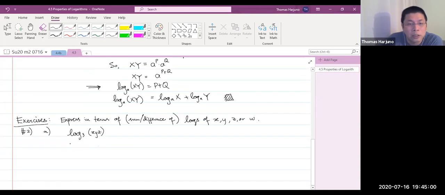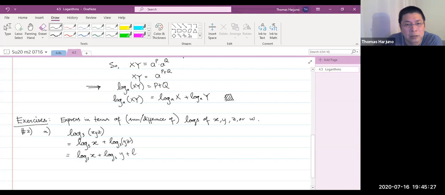Now, this is equal to log base 3 of x times yz, so this is log base 3 of x plus log base 3 of yz. Okay, and I go on further. This is equal to log base 3 of x plus log base 3 of y plus log base 3 of z.